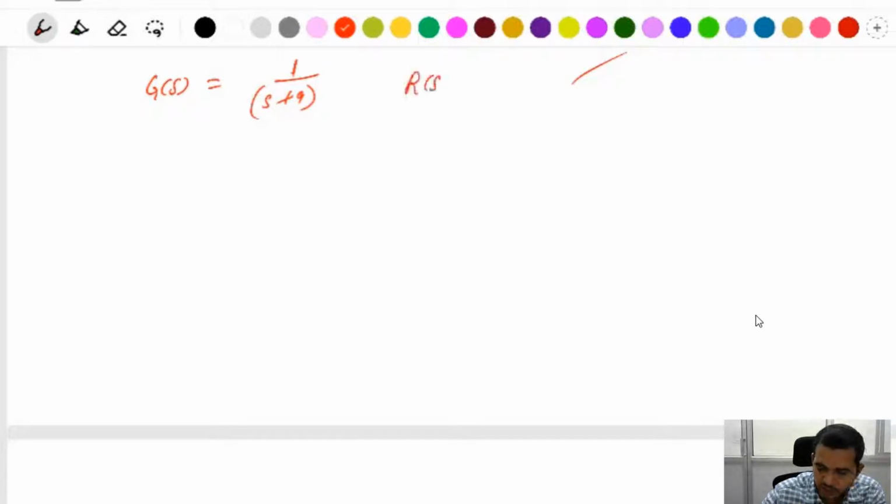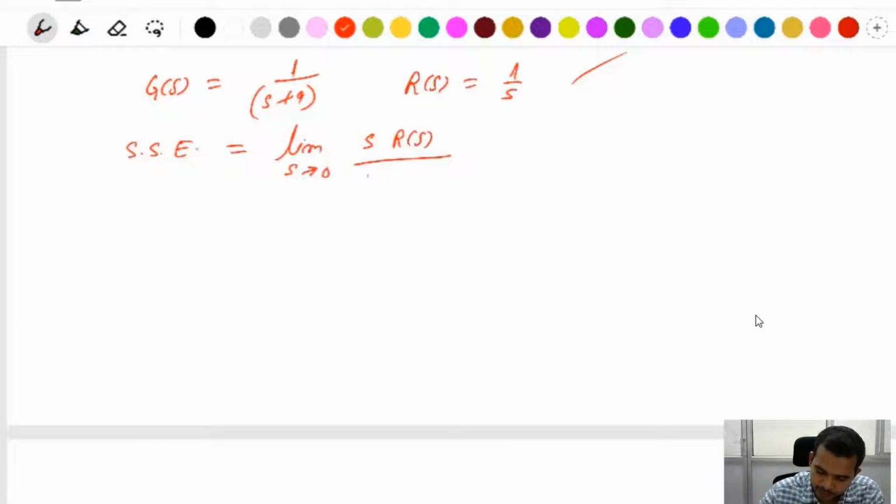R(s) is step, 1 by S. Here limit S tends to 0 of S R(s) divided by 1 plus G(s).